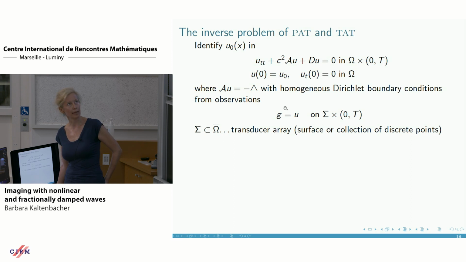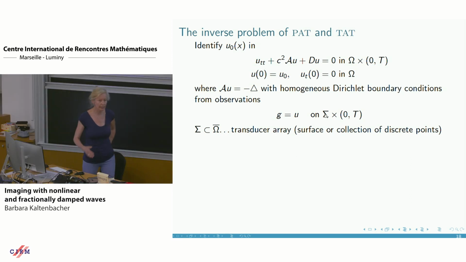What we have available is measurements on this boundary part, or actually it's not really a boundary of the domain, it's some d-1 dimensional surface immersed into the domain on the timeline from 0 to t, or ideally from 0 to infinity.